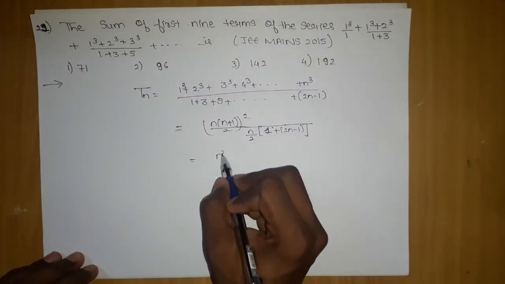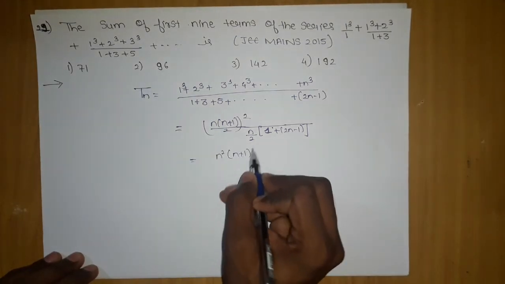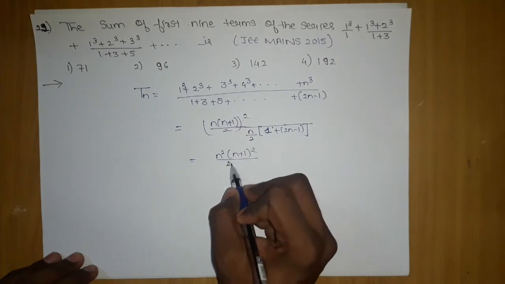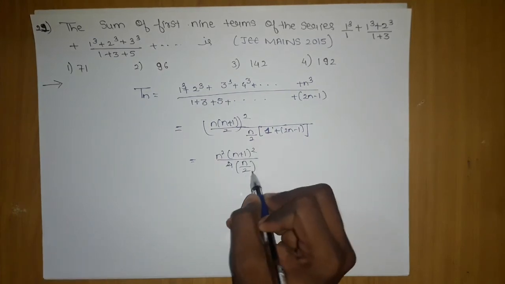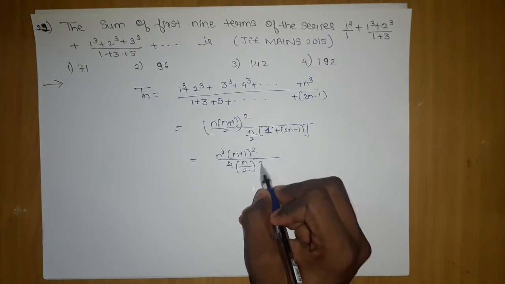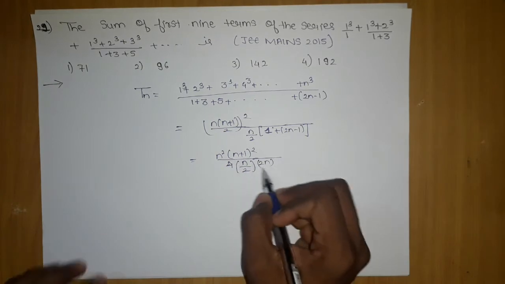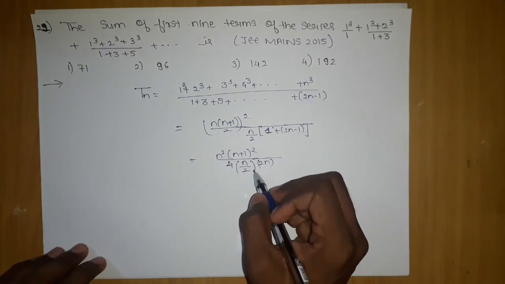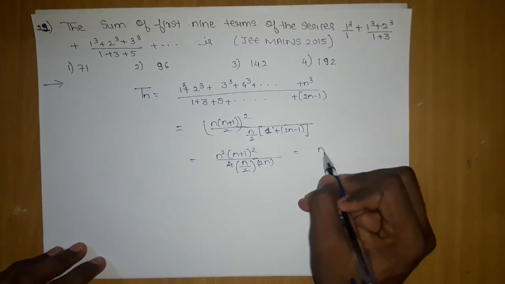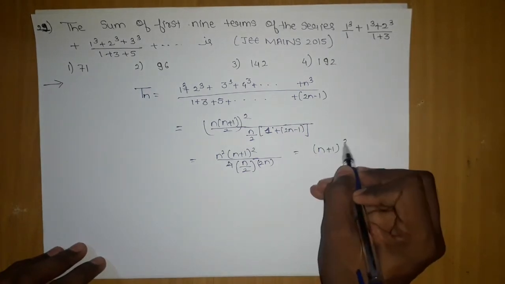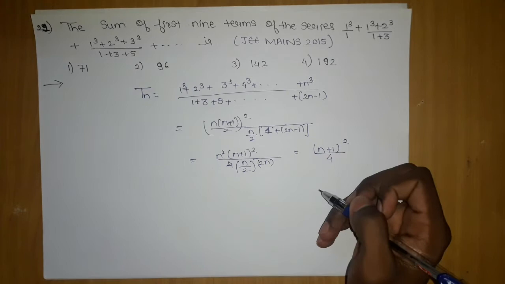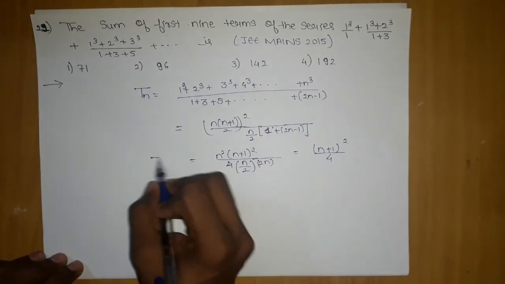Here if we simplify, n square into n plus 1 the whole square upon 4 into n by 2 into 2n, so n square will cancel out, and we are finally left with n plus 1, the whole square, by 4.